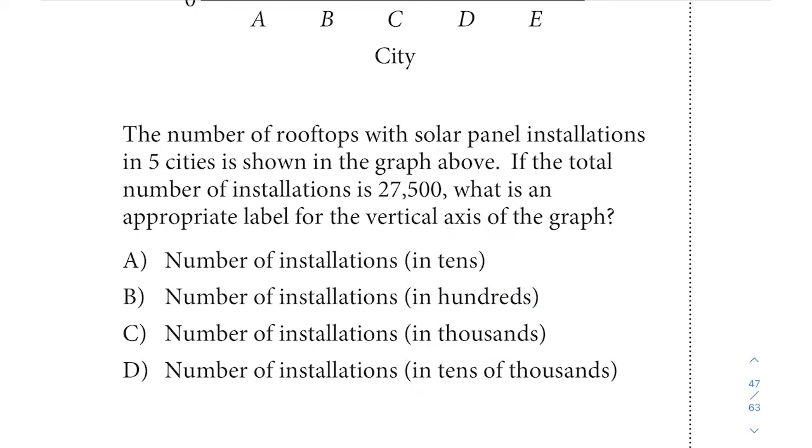So first, let's look at the number as our total, 27,500. If we think of units tens, hundreds, thousands, tens of thousands, and we look at 27,500, we might instinctively say, okay, well, tens, that seems kind of small, right? If you're working in tens, if you had 8 tens, that would be 80.